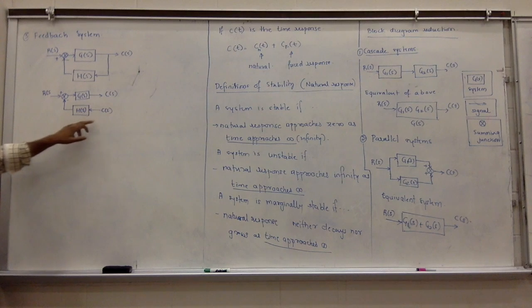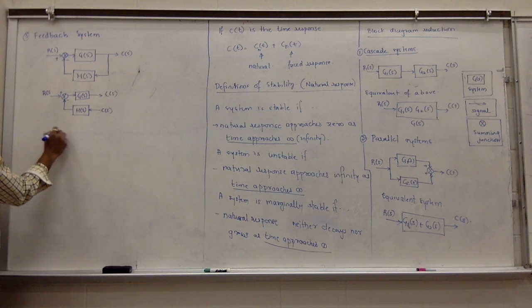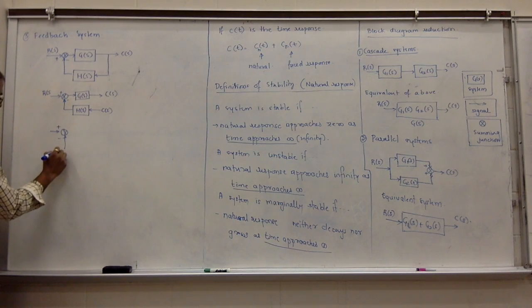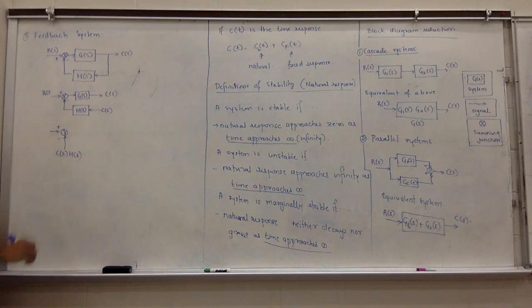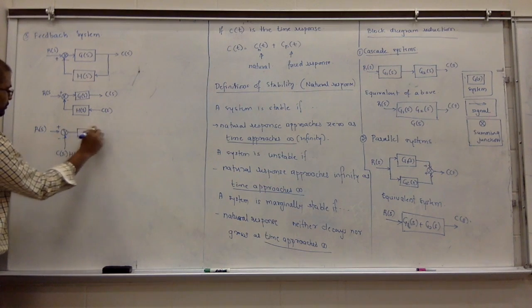Now the signal going into this is C of S into H of S, so this signal essentially gets multiplied by this. Here we still have R of S, which is the input signal, and this is still G of S.